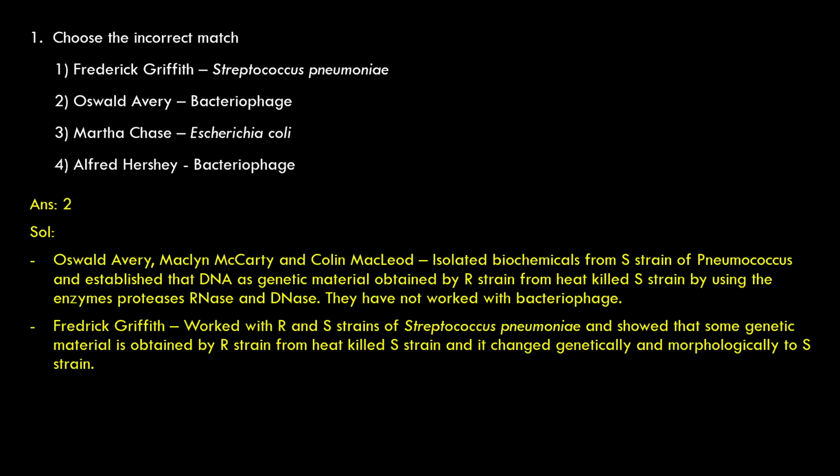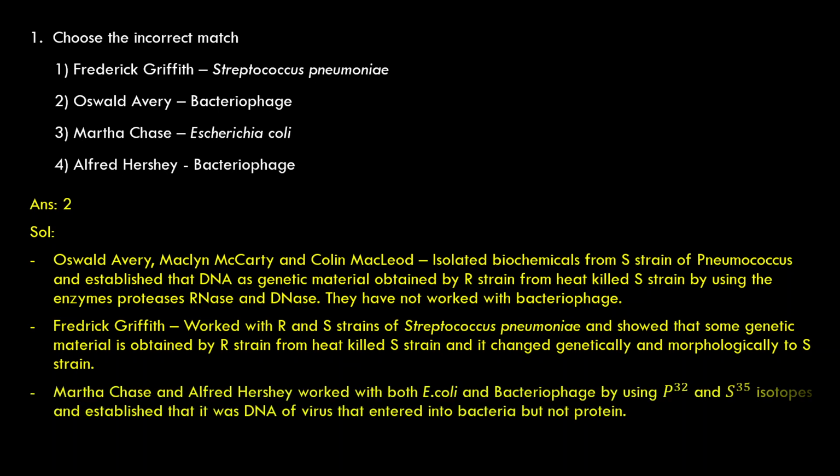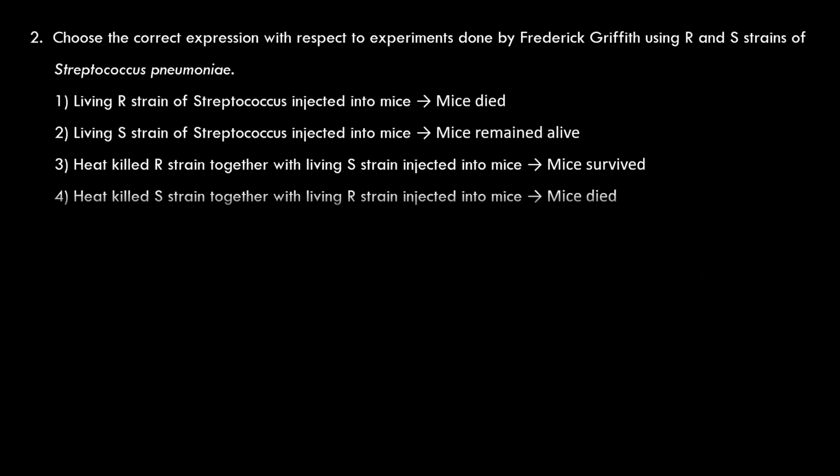Frederick Griffith worked with R and S strains of Streptococcus pneumoniae and showed that some genetic material is obtained by the R strain from the heat-killed S strain, and it changed genetically and morphologically to S strain. Martha Chase and Alfred Hershey worked with both E. coli and bacteriophage by using P32 and S35 isotopes and established that it was the DNA of the virus that entered the bacteria but not protein.